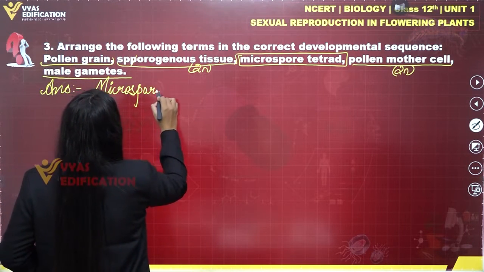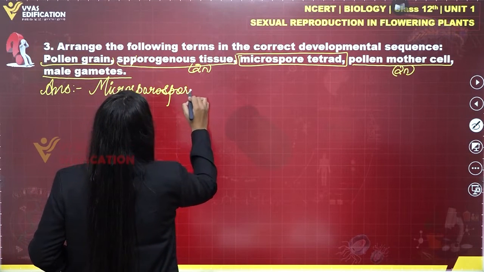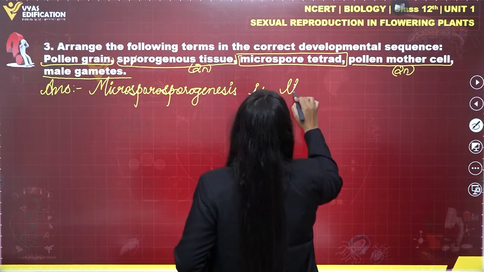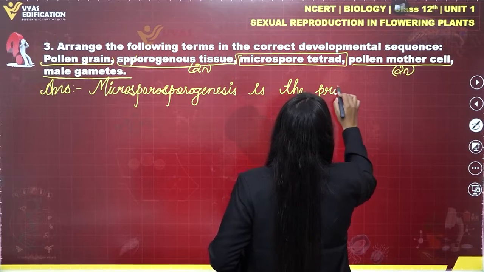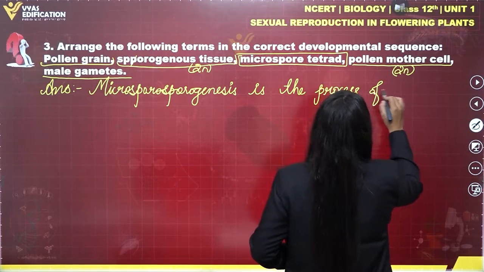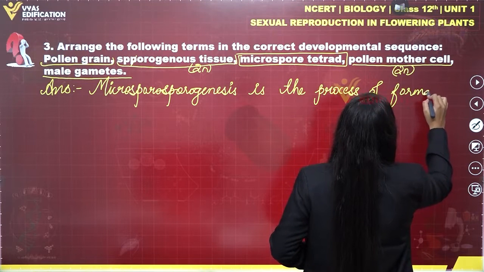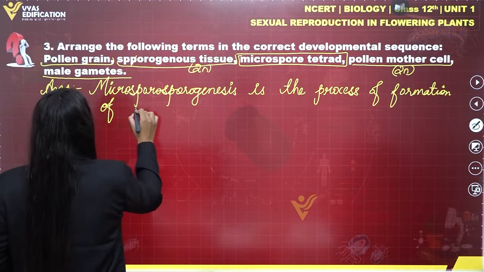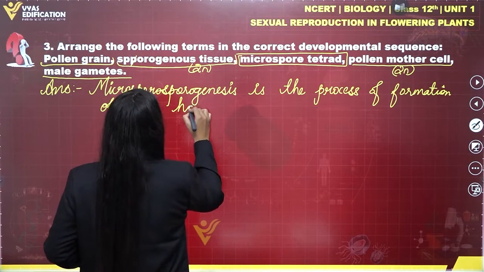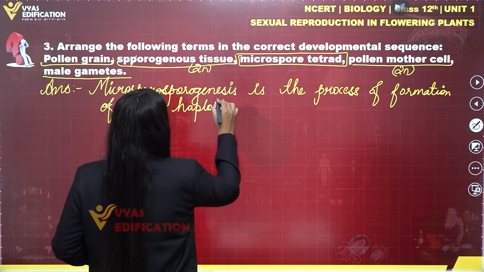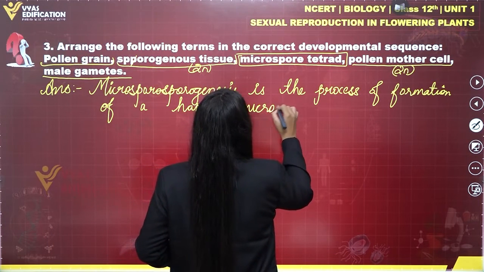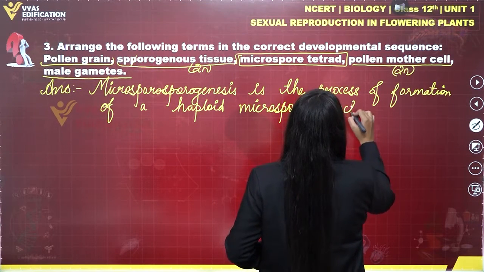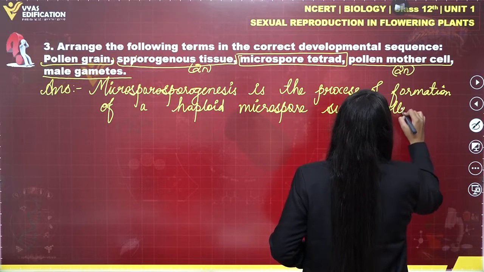The answer will be like this: microsporogenesis is the process of formation of a haploid microspore, such as pollen grain.